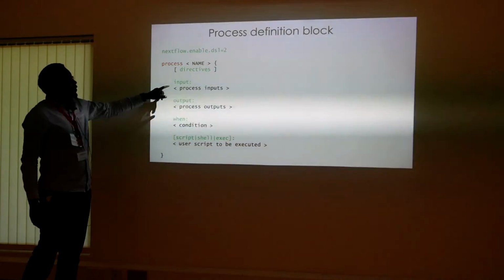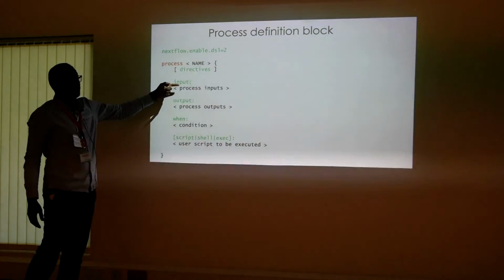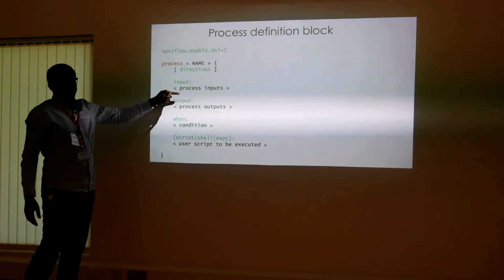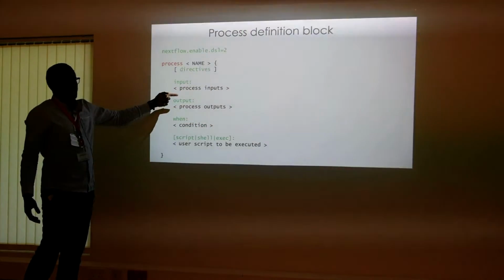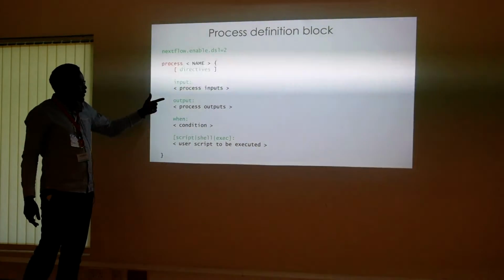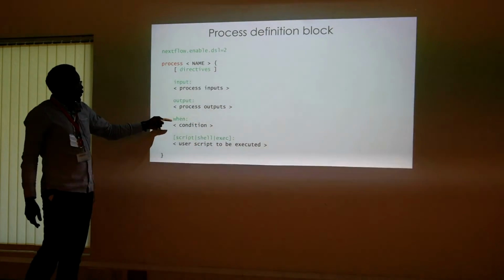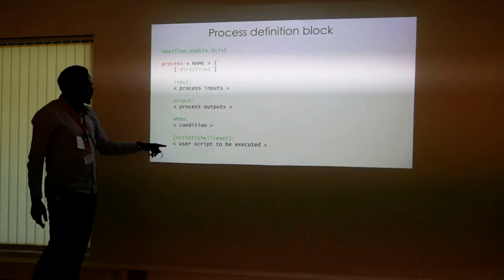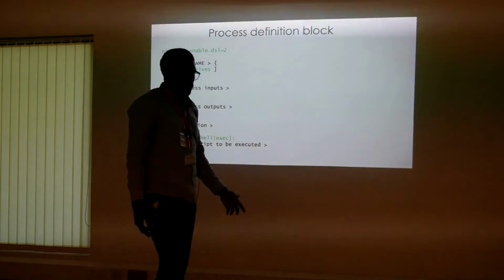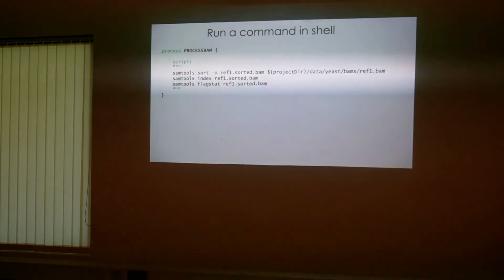But you also have a similar kind of syntax with Snakemake, in that you give the inputs, and these could be qualifiers. We will see later on. You give it outputs as well, and you can also have conditionals within the code block. And then finally, you have to give it a script or a shell or an executable.